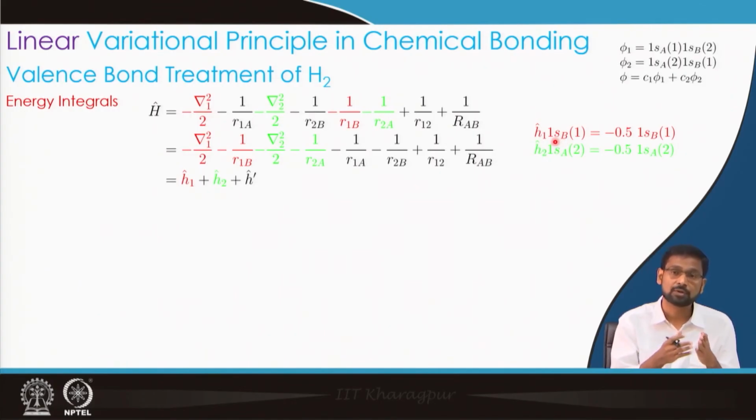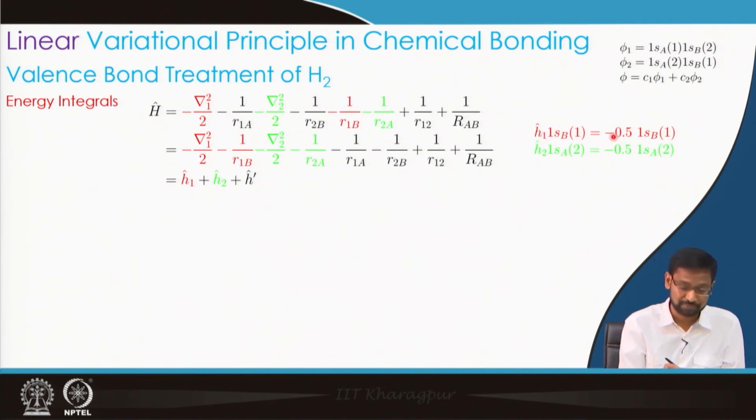Because if I consider the 1s orbital of the A nucleus, that is centered at the A nucleus. If I am considering 1sB, that orbital is centered around the B nucleus. So, since H1 contains the interaction with nucleus B, I am giving 1sB as an eigenfunction to this H1. In that case, 1sB(1) becomes an eigenfunction of the H1 Hamiltonian with eigenvalue -0.5.